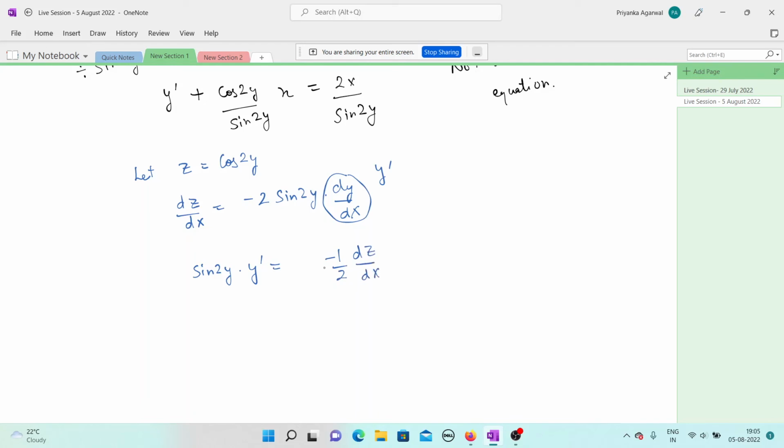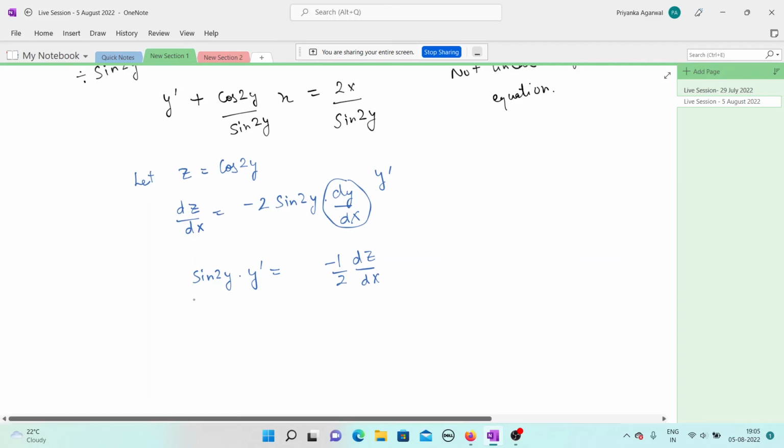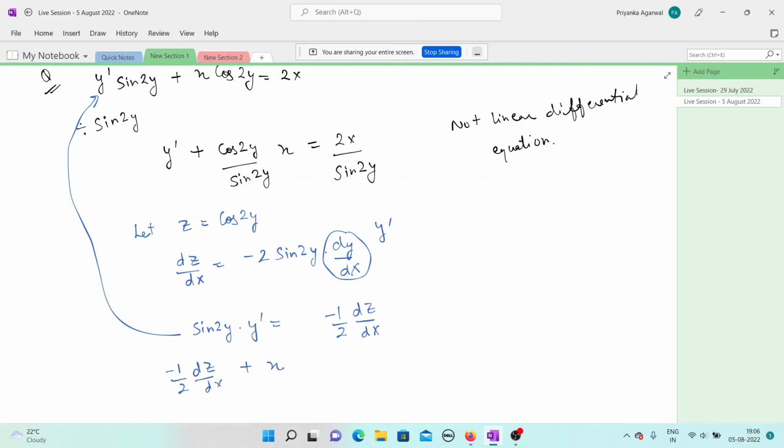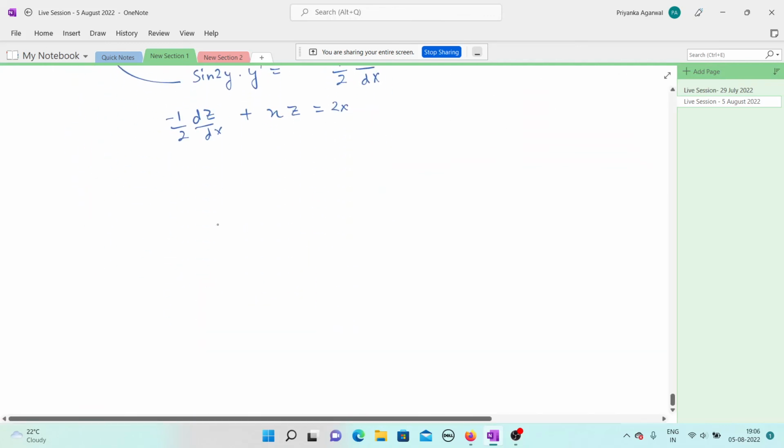Okay, so this is the last question which we will solve for today. Now you have to substitute this in the given equation. What does that equation become? If you substitute it, this will become minus 1 by 2 dz over dx plus x cos 2y, which can be written as z, equals 2x.